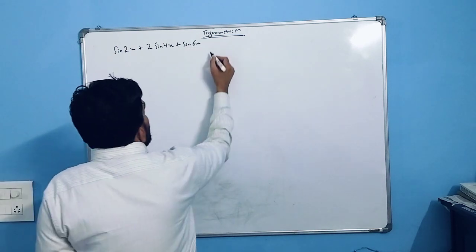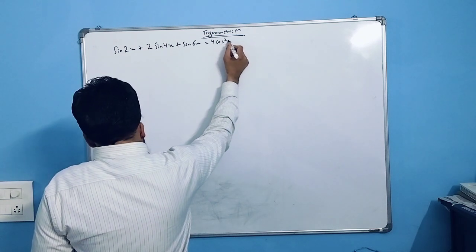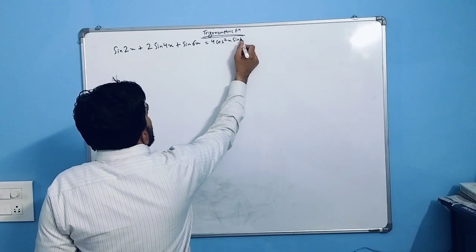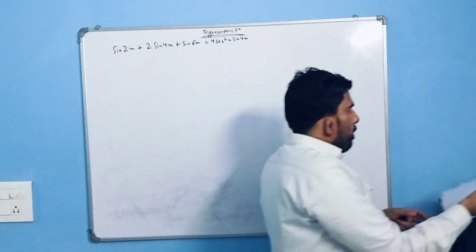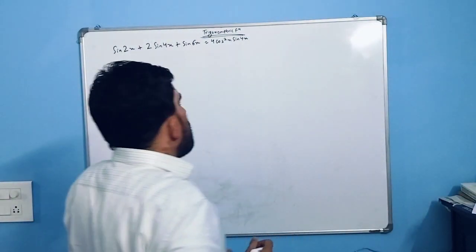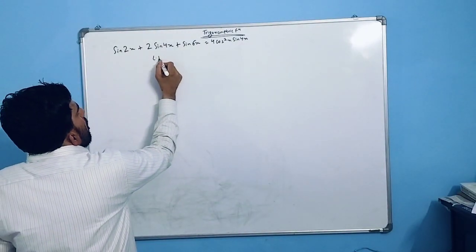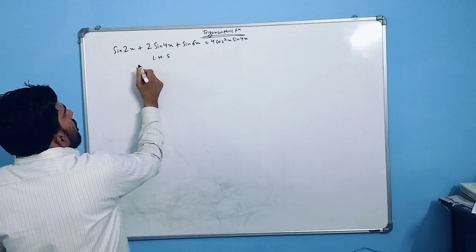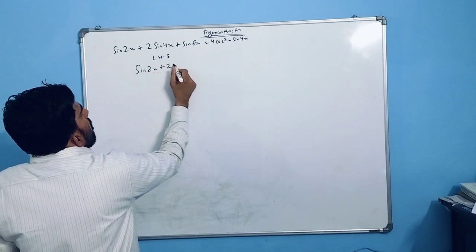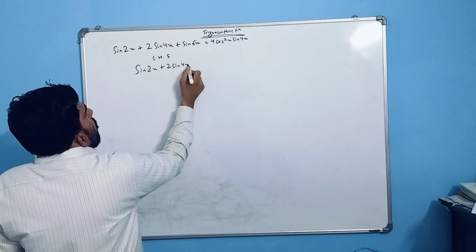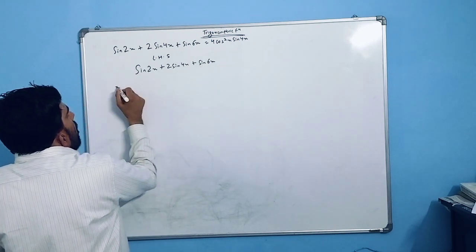We need to prove it to be 4 cos square x sin 4x. Let us see how we can solve it. First of all, take LHS. LHS is sin 2x plus 2 sin 4x plus sin 6x.